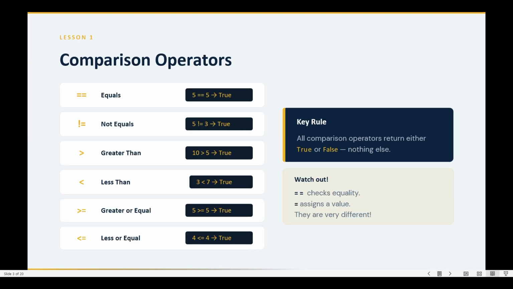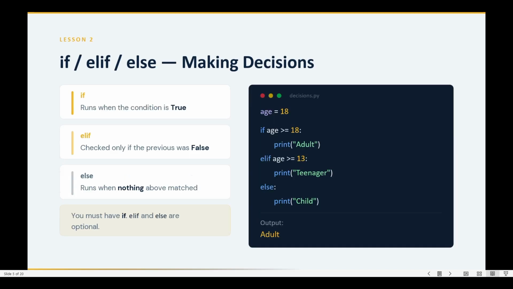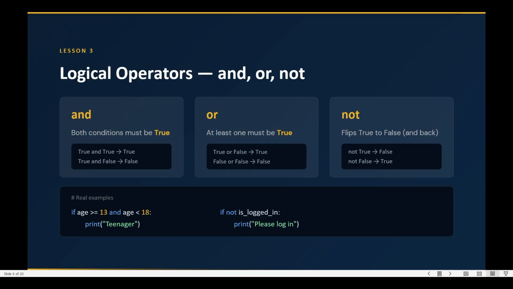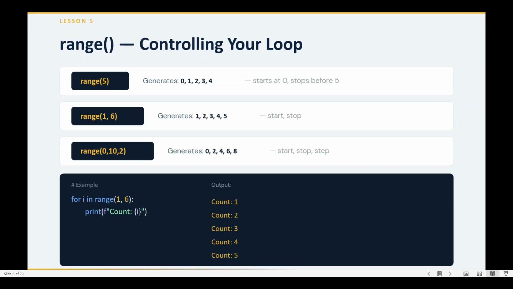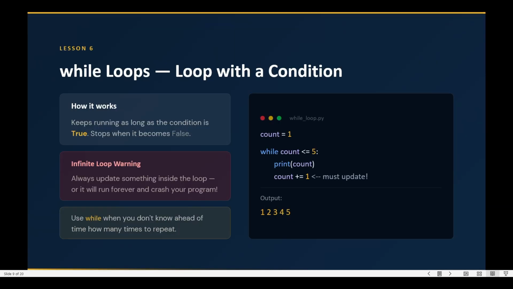We have talked about comparison operators, if-else statements, logical operators, for loops, and range, how to give a range for a loop. And we have talked about while loops, how a while loop works, and break and continue statements.